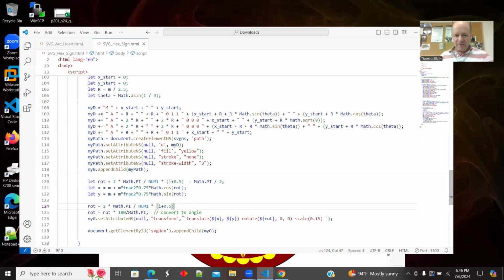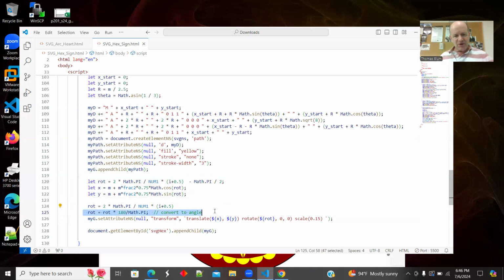So there it is. I have this sort of template literal, and a transform can have a number of things. It has a translate where I'm putting in the variables x and y. It has a rotate where I have rotating around an angle. The angle in rotate, when I'm calculating my x's and y's for my translate, I use the angles in radians, but this rotate wants angles in degrees.